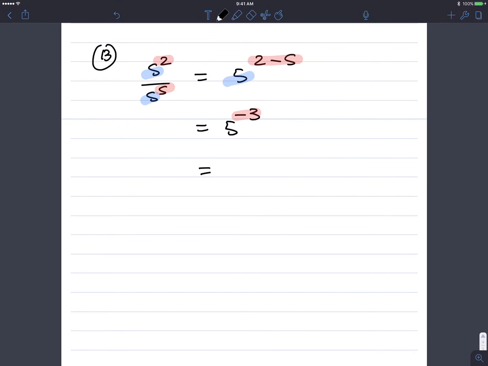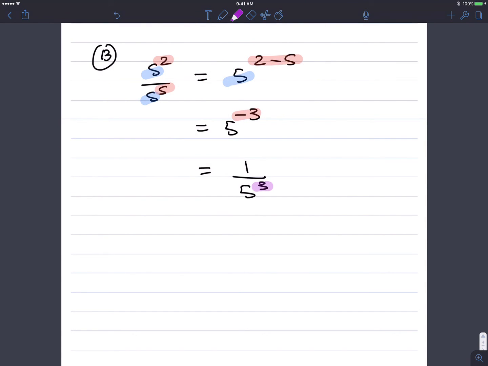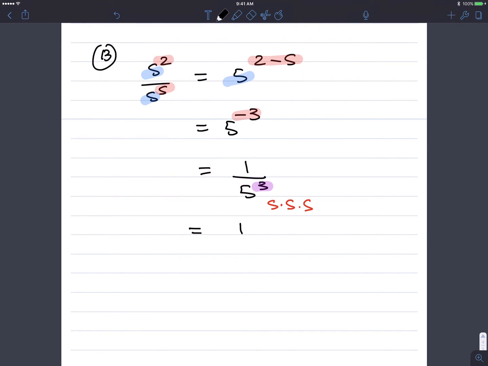Write this as 1 over 5 to the positive power. That 3 is positive now. I know what 5 to the third power is. It's 5 times 5 times 5, which will give us 125. 1 over 125. That's number 13.